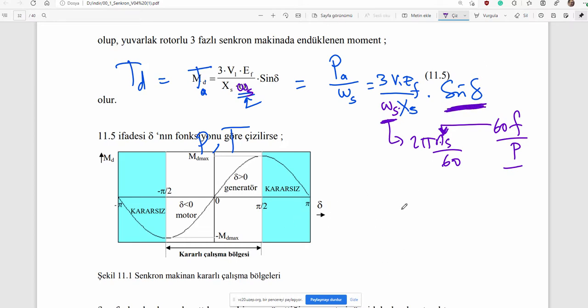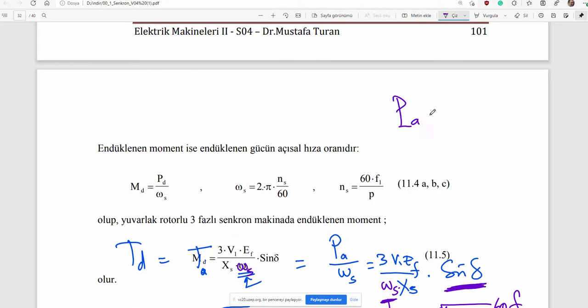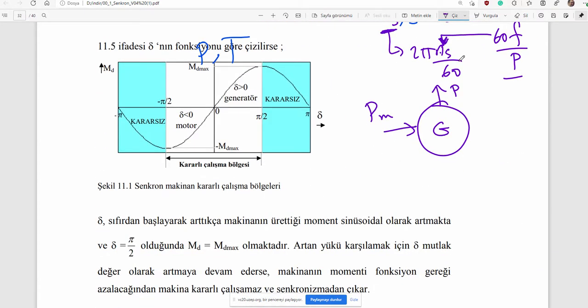sine delta. For example, here's a generator. You apply some mechanical power and then you convert it into electric power. Converted power is this 3 voltage EF over XS sine delta. That is the converted power inside the machine, somewhere here. And then here are some mechanical losses in terms of frictional and windage losses.